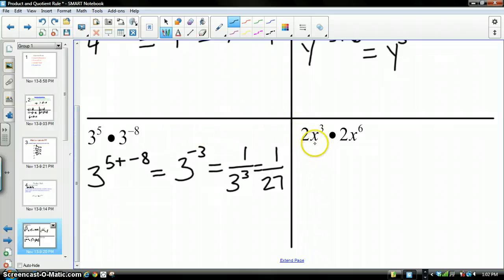Now, in this example here, our base is x because our exponents go with the x. So the 2's are just coefficients. So we need to multiply coefficients together. So 2 times 2 is 4. And then add our exponents. So 6 plus 3. So this equals 4x to the ninth.